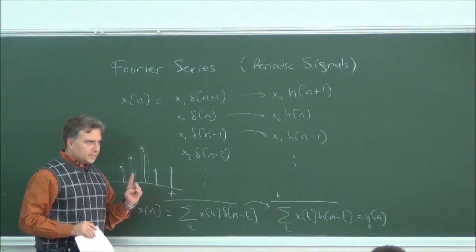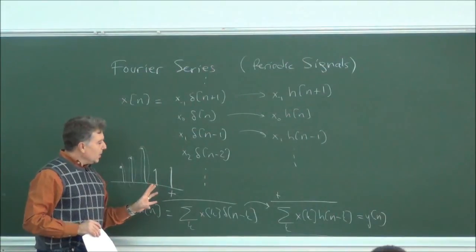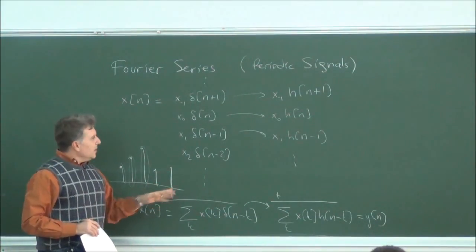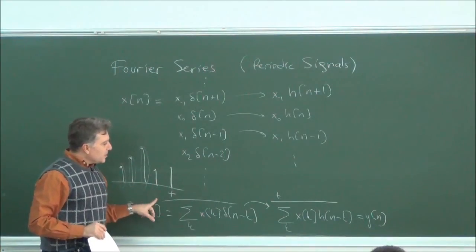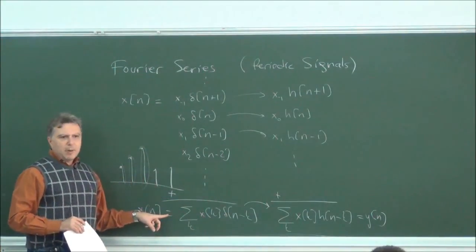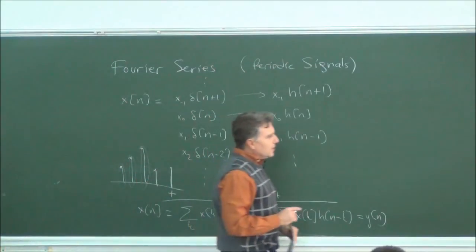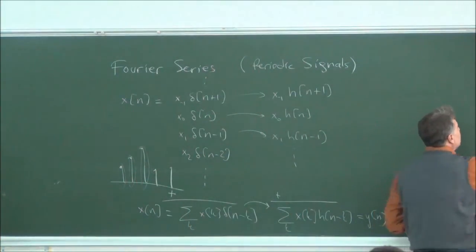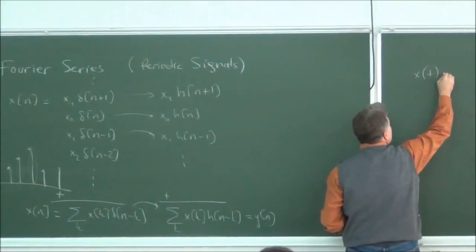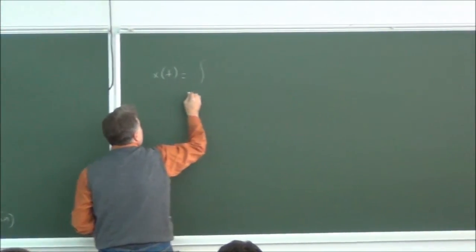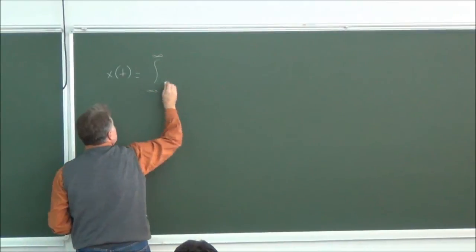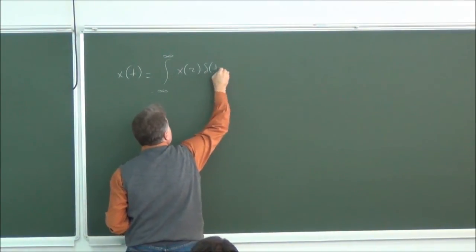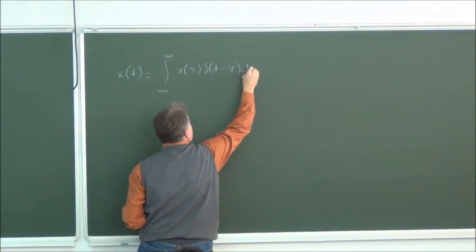Now notice one thing. We are trying to represent our signal. That's the critical thing. This time representation is a representation in terms of impulses. In continuous time, things are a little bit different, but similar still. It was like this. X of t is equal to the integral x tau delta t minus tau d tau.